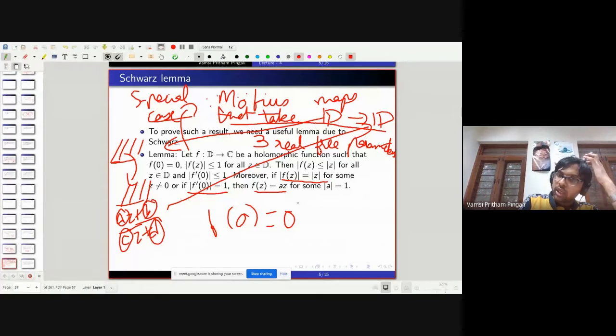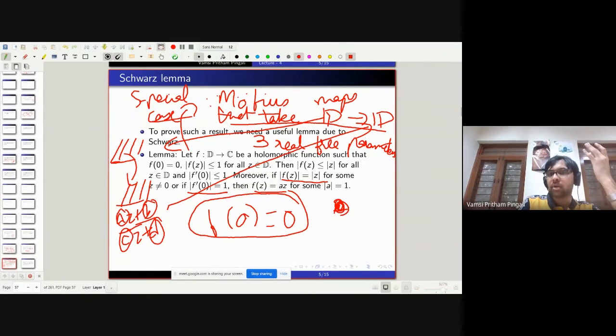If you want to fix the origin, if you want to take 0 to 0, you have already used two parameters because you're taking a complex number to itself, right? Or if you wish, you're taking a real number to itself. So maybe you might think you've already used maybe one real parameter. If you also in addition make sure this or this happens, that means you would have used one more real free parameter and you'll be left with only one at your disposal.